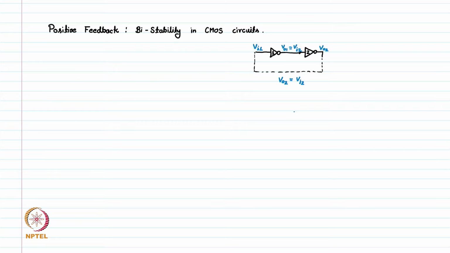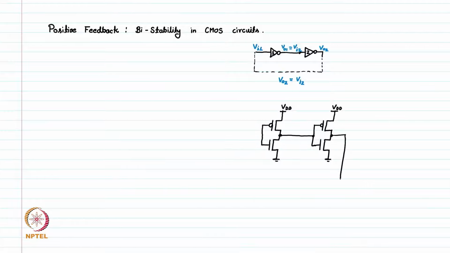We have this is one inverter, this is second inverter, so we connect output of first to the input of second and the output of second to the input of first.